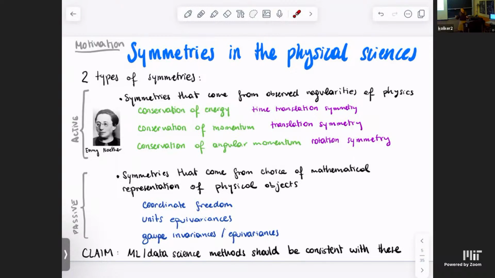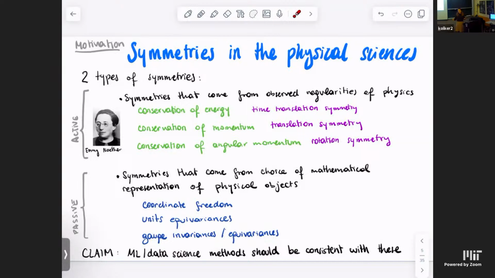These are symmetries that physical laws satisfy under given assumptions. The other, much richer symmetries are the passive symmetries, which have to do with the fact that when you have a physical object and you write it as a mathematical object, the choice of going from the real world to the math is not unique. There are many choices that you make.